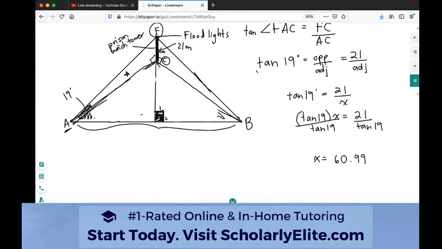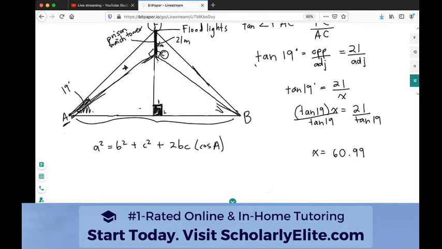The law of cosines in general is a squared equals b squared plus c squared plus 2bc times cos of A. When you have a complex question like this, you need to sit down and ask yourself, what does everything mean in this particular question? So in this question, we're actually solving for a side length AB.